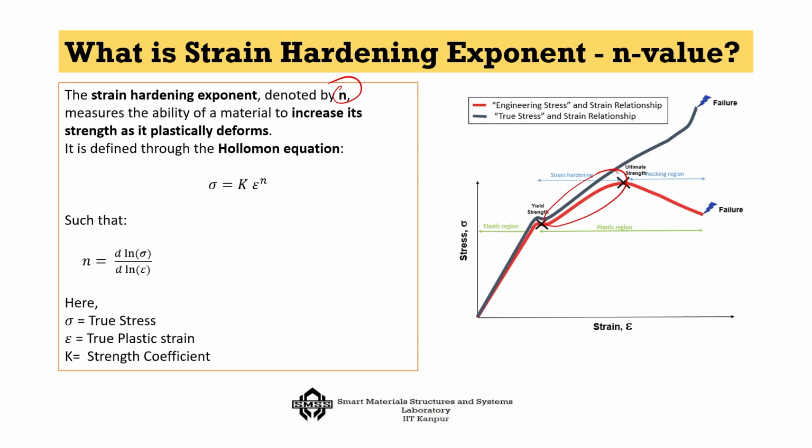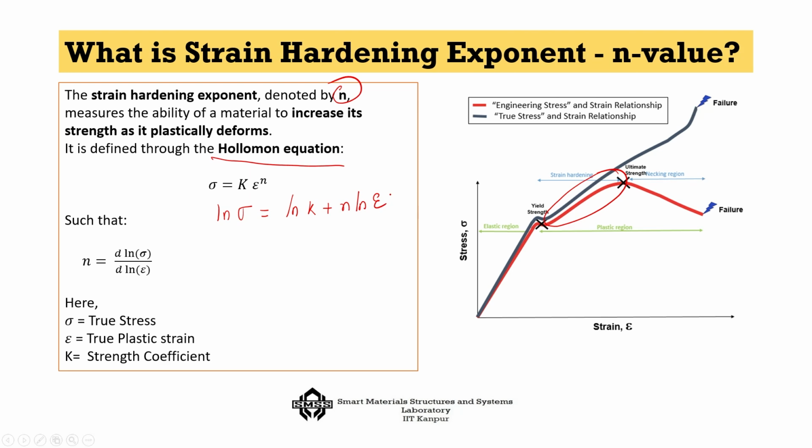It is defined through an equation called the Hollomon equation, where sigma is k epsilon to the power n. If sigma is k epsilon to the power n, I can take log on both sides. So, log sigma will be log k plus n log epsilon.